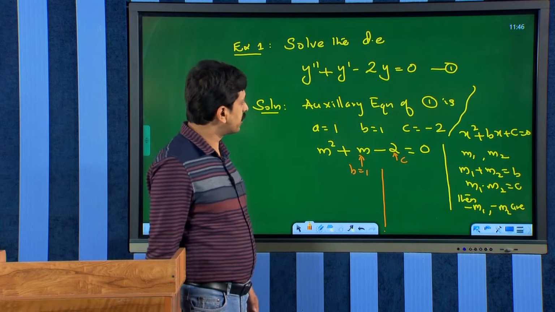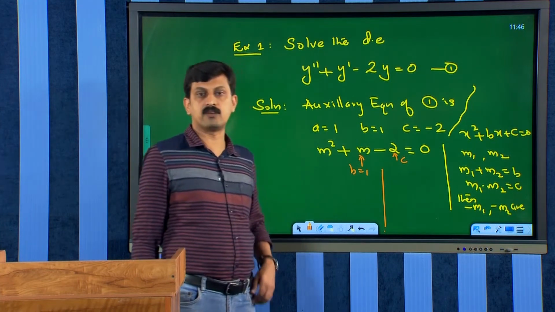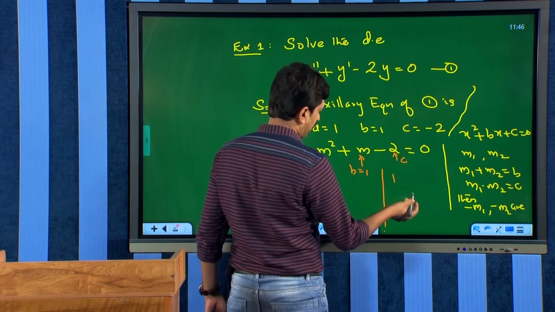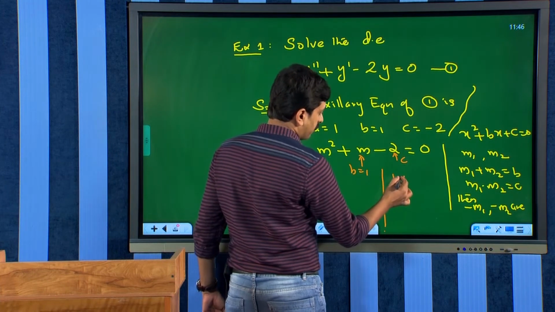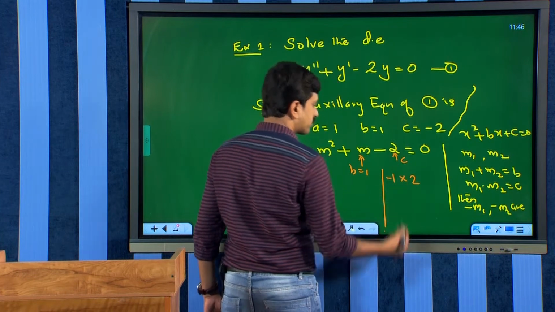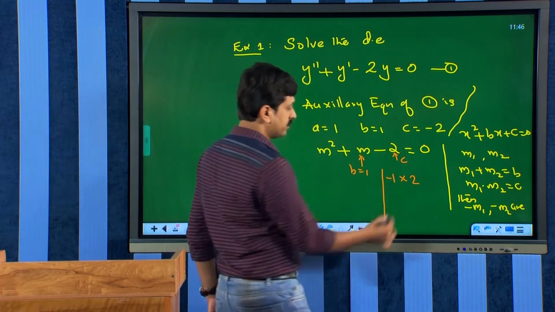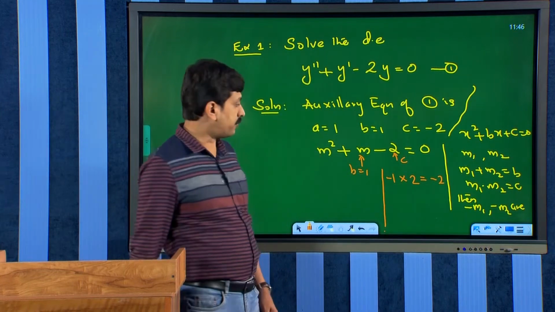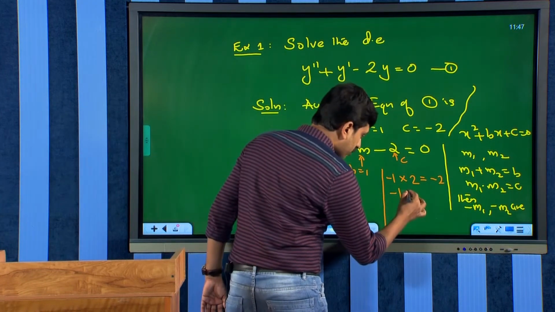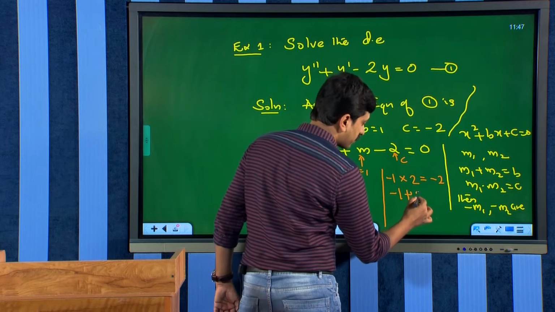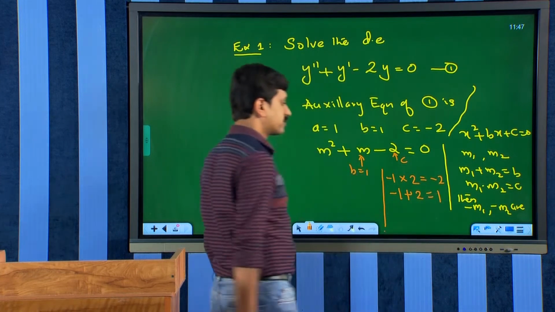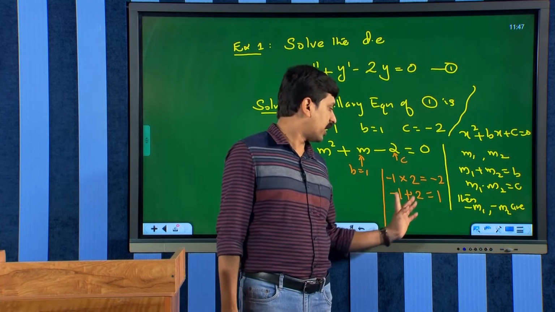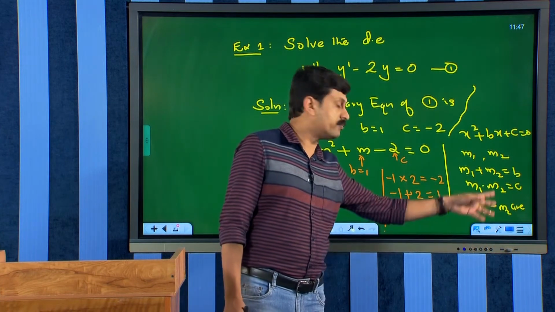While multiplying two values, you have to get the value minus 2. That is, minus 1 into 2, the value will be minus 2. Minus 1 plus 2, the value will be equal to 1. So, minus 1 into 2 is equal to c, and minus 1 plus 2 is equal to b.